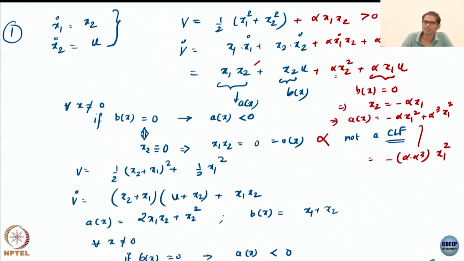I am just computing the determinant, it has half and alpha by 2 actually. So it is 1/4 minus alpha squared by 4.